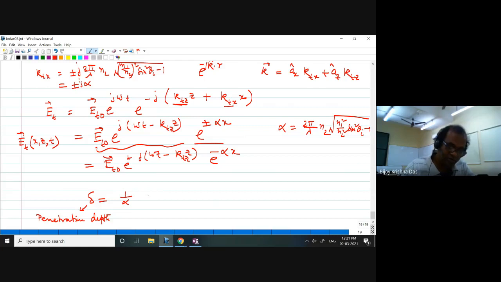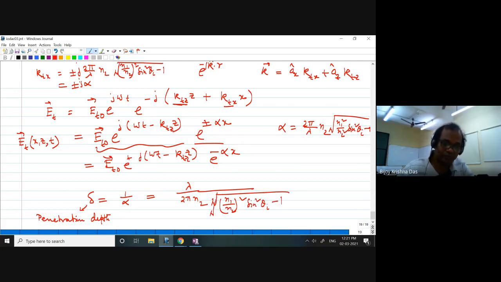That is actually the alpha expression I know. So delta equals lambda by 2 pi n2, and square root of n1 by n2 square sine square theta I minus 1. So this is the distance where the field strength will go down to 1 by e.